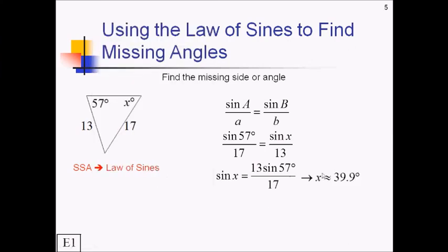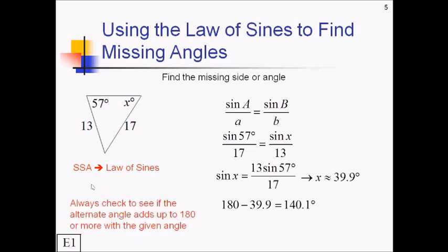Now we said that when you get an angle using law of sines, you have to subtract it from 180 to get the other possibility. So 180 minus 39.9, that's going to be a little bit more than 140, so 140.1 degrees. Now we're not done. Just because this is a possibility doesn't mean it can actually exist. You always have to check to see if your alternate angle actually adds up to 180 or more with the angle that they already gave you.